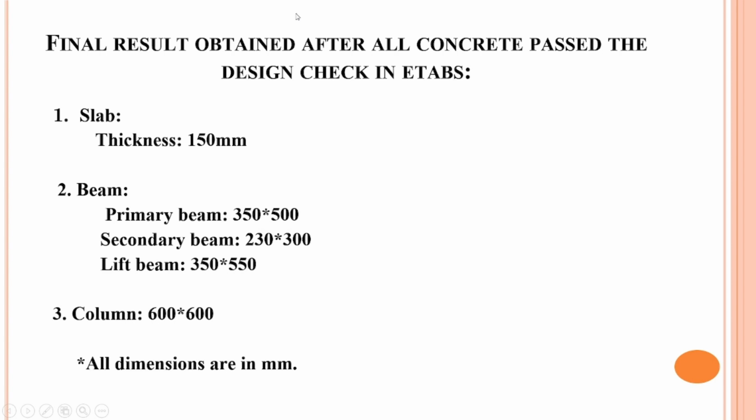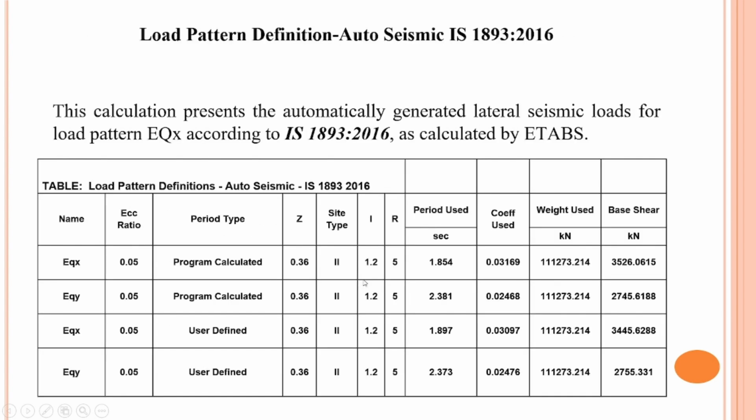All the members have passed. There are the specific depths and dimensions of all the beams, columns and slabs, like the 150 slab, primary beam, secondary beam, and lift beam. There are three types of beam I'm using in this project, and the columns, and all dimensions are in mm. The load patterns use the auto seismic code IS 1893 2016.